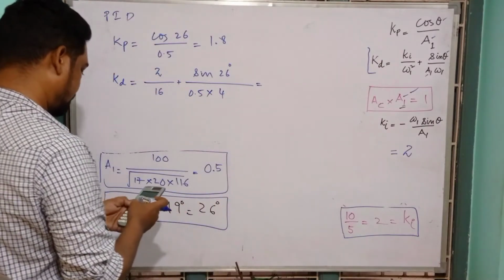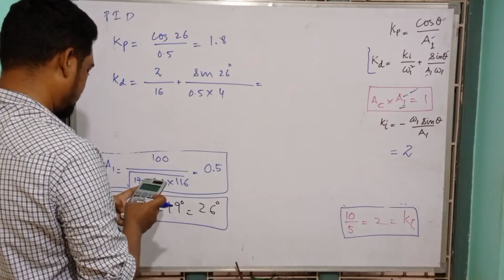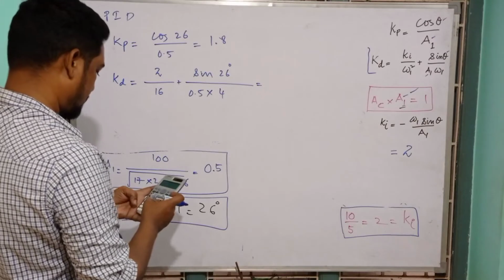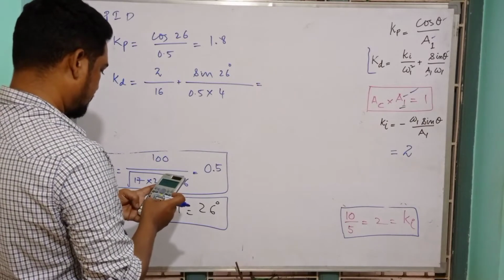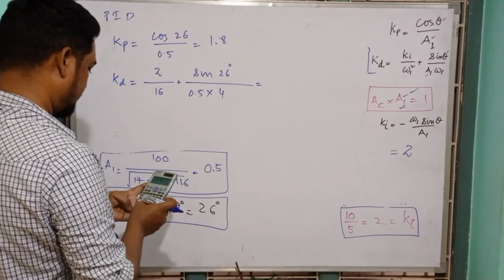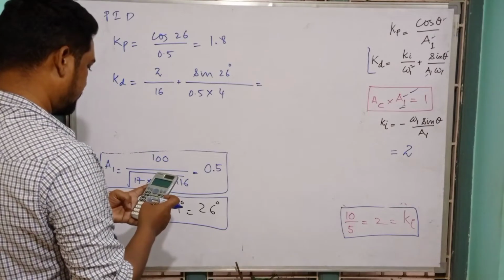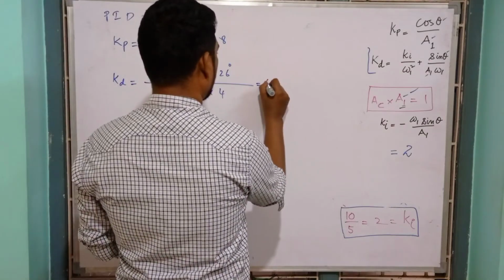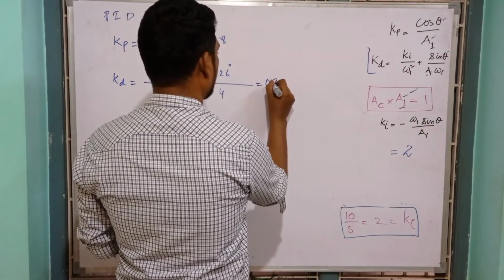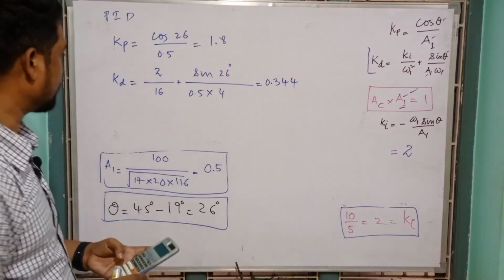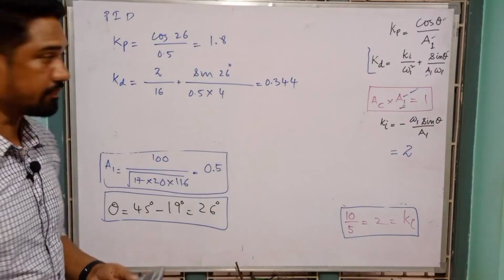It's 2 divided by 16 plus sine 26 by 0.5 into 4. That gives 0.341, just leave it, 0.344. That's the value for Kd.